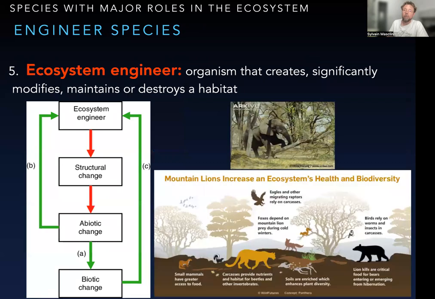So for example, it can be such as the elephant right here that will be modifying the non-living part by moving rocks, or modifying the living parts by knocking down the trees, which will in fact allow new habitats to be created for other species, or provide food resources to other species.